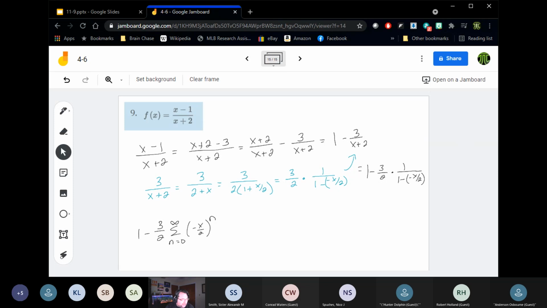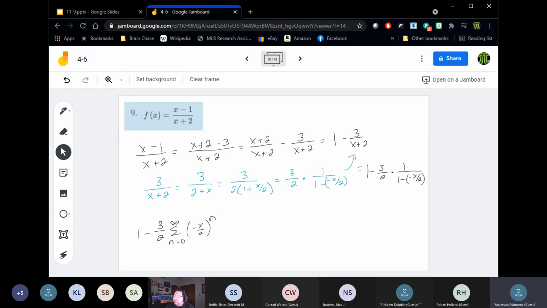Look over what I did and ask questions where you're lost. I somehow needed to get rid of the subtraction on the top, so you use -3 to get rid of it.